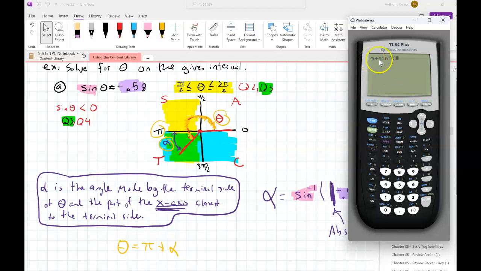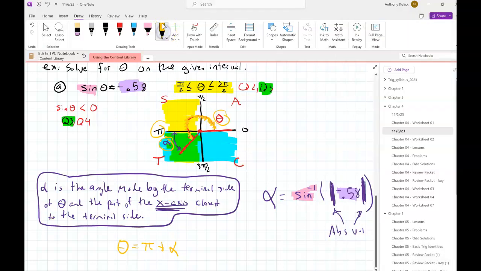So I'll do pi plus sine inverse, and then to get the absolute value, I'm going to press math, go to the number option, and ABS stands for absolute value. So my answer should be 3.76 radians.